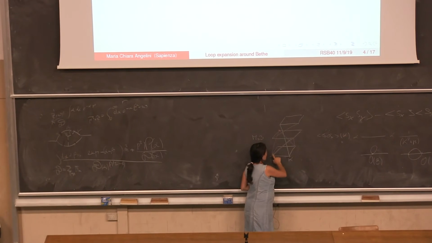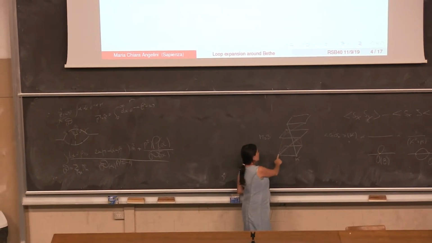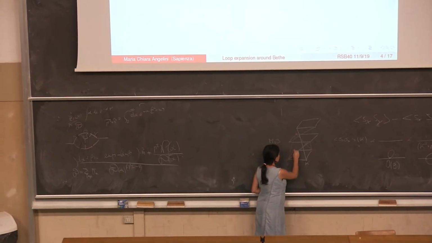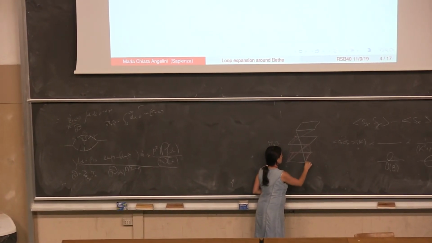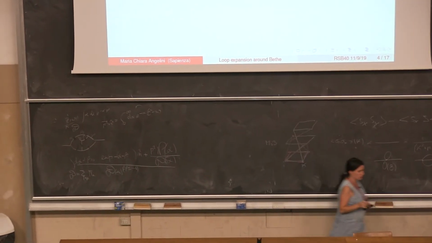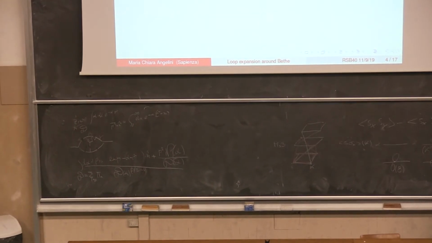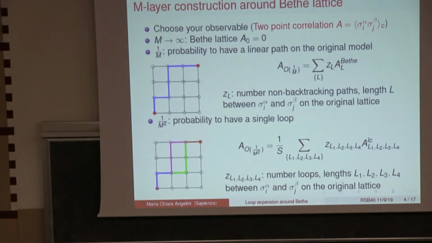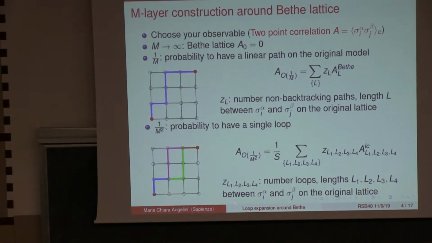So with 1 over m, I have this path, and with 1 over m, I have this path. So the probability to have a loop, that is this one, on my original model is exactly 1 over m squared.